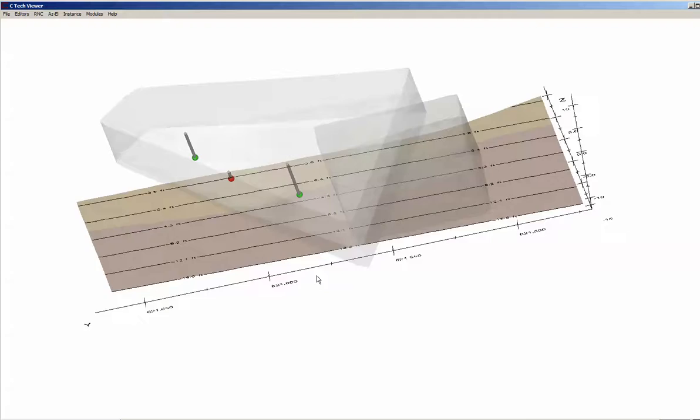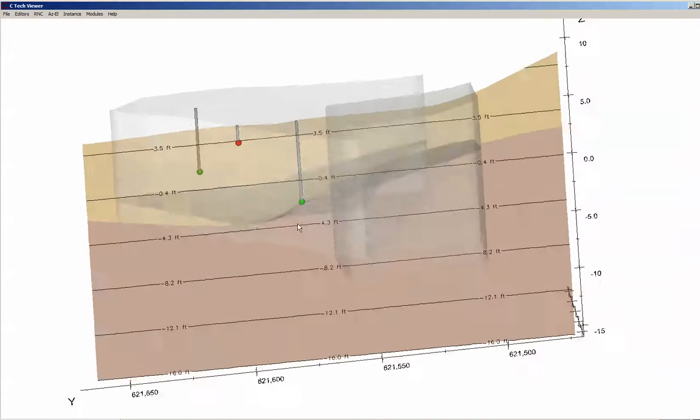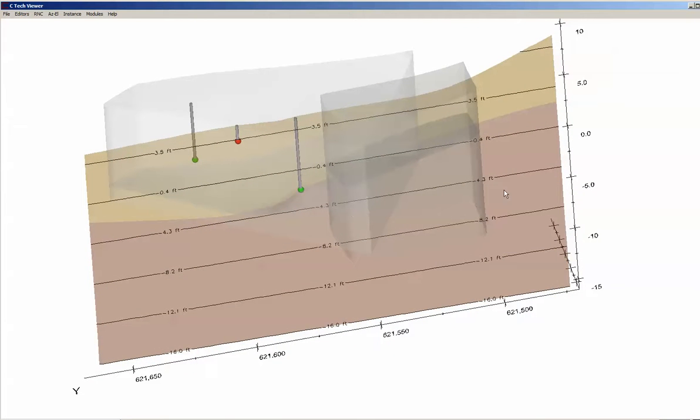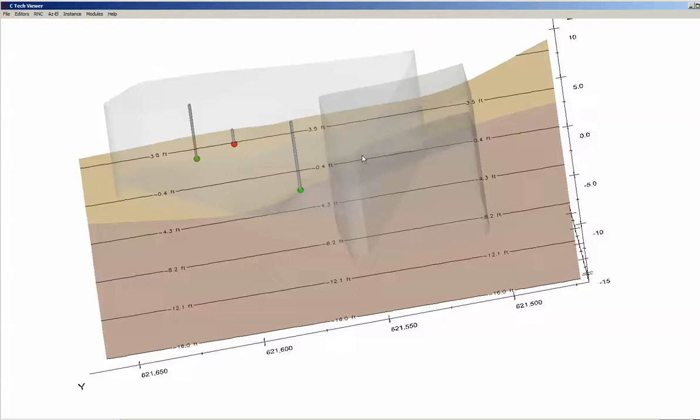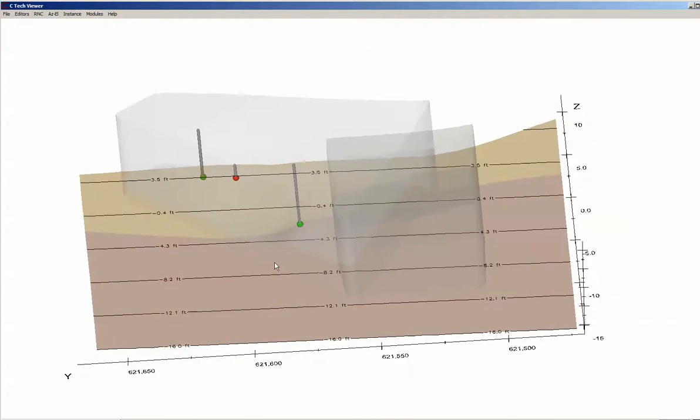We've modeled these three-dimensionally, and where they actually intersect our planar fence here, we can see that they overlap. They intersect each other as well as intersecting the plane.